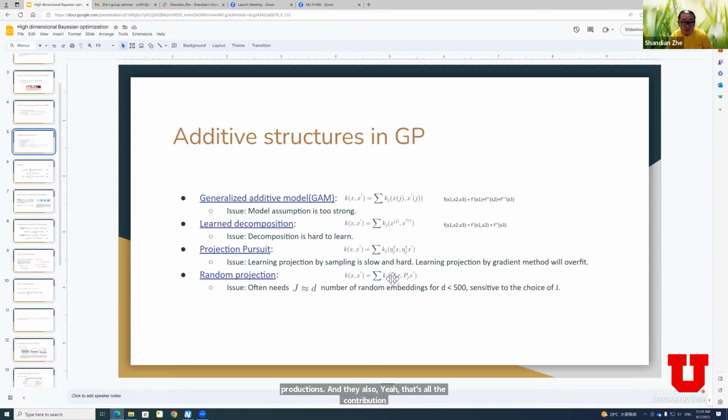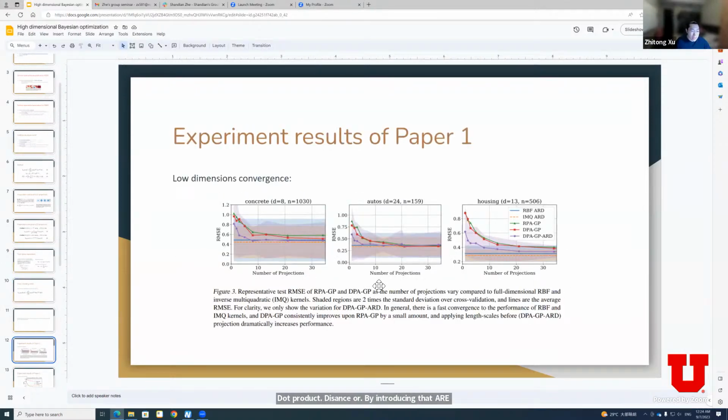Their learned projection is by minimizing dot product distance, or by introducing the ARD. Oh, there are two kinds of tricks. So you see the DPA, D stands for diversify. The RPA is where we are not going to add the diversify. If there's a DPA, they are using trick 1, and if there's ARD, they are using trick 2. So they propose both tricks. Okay.